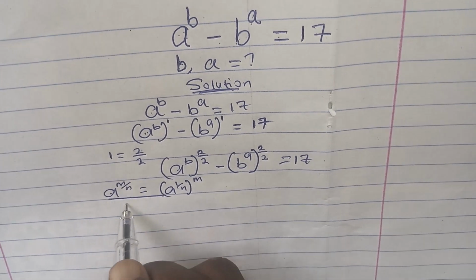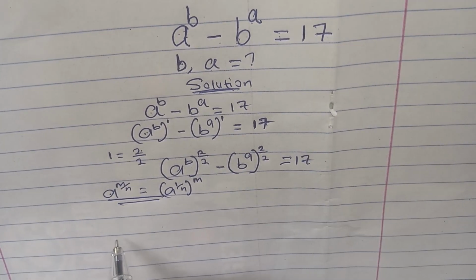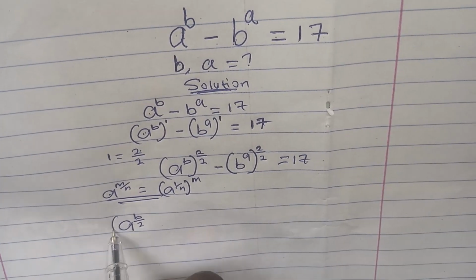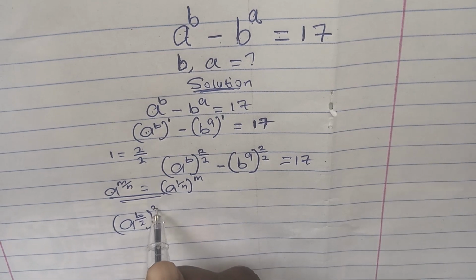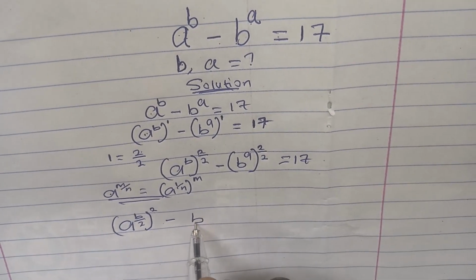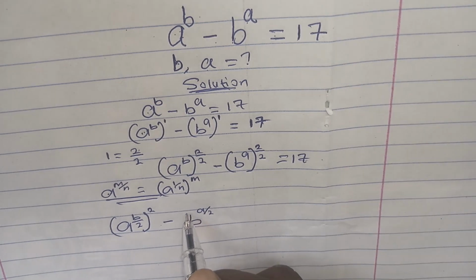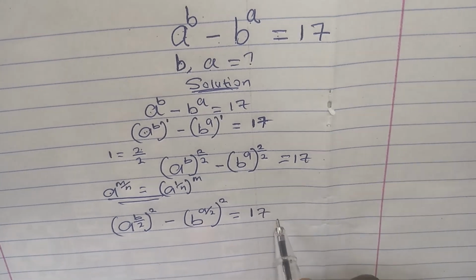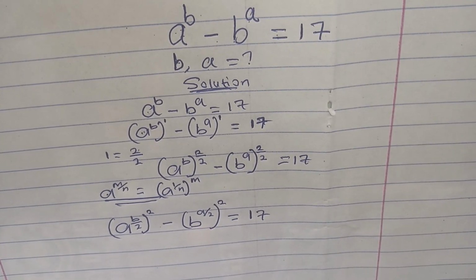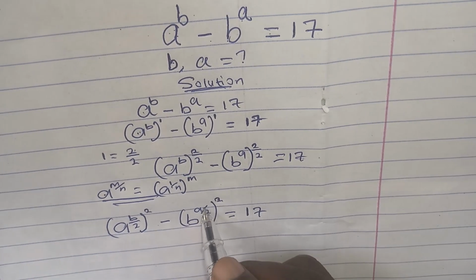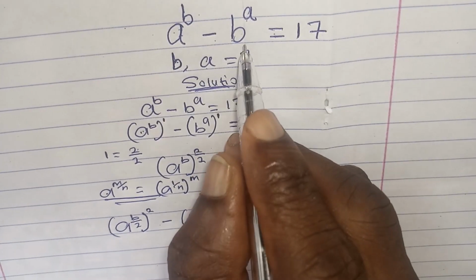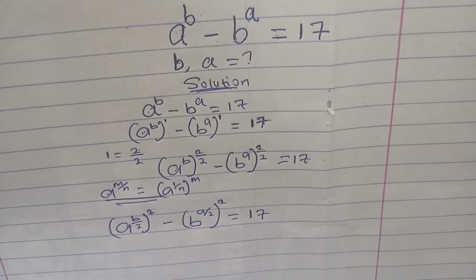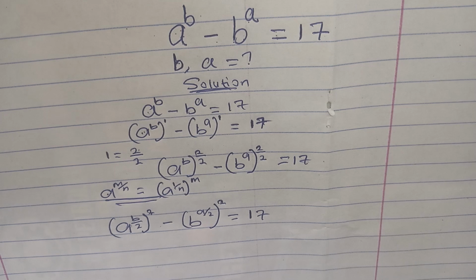So if you apply this true at this point, we can simply have this to be (a to the power of b over 2)^2 minus (b to the power of a over 2)^2 is equal to 17. So the equation remains the same, nothing changing, because if we put in this, it's going to cancel off this, and we are going back to this. And if you put in this, the 2 will cancel off this, so we'll go back to this. So it still remains the same.